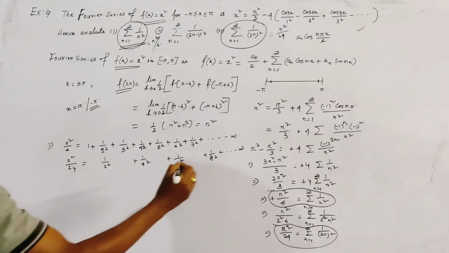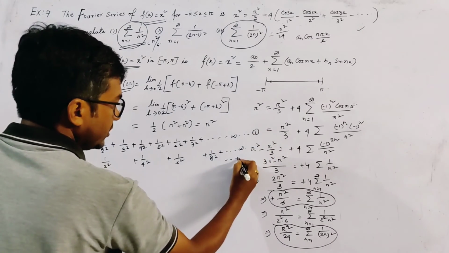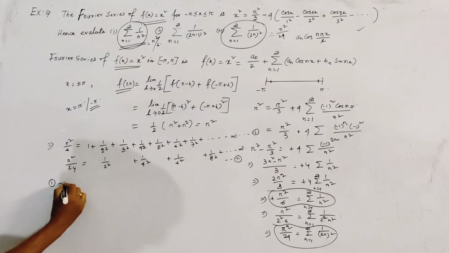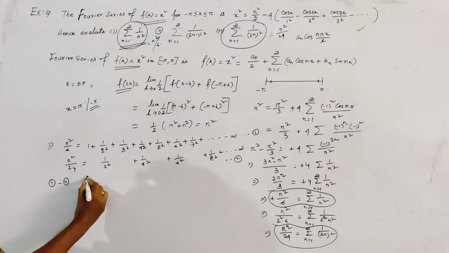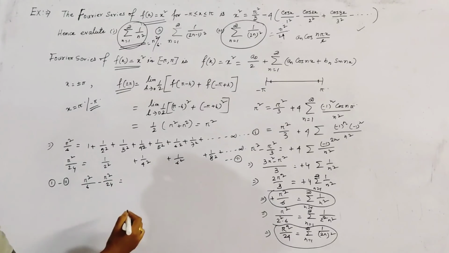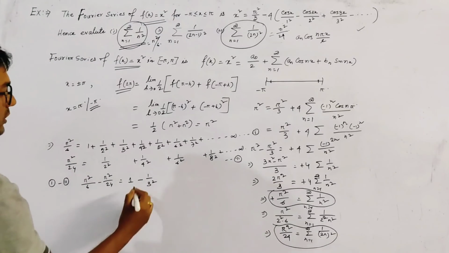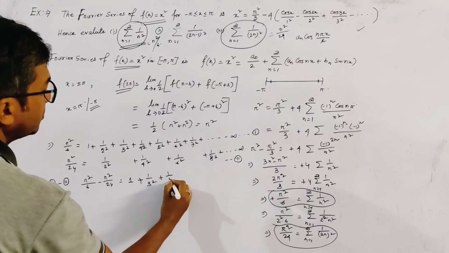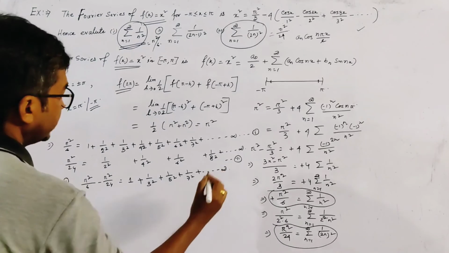Let these be 1 and 2. Now if we subtract 2 from 1, we get the result pi square by 6 minus pi square by 24 equal to 1 plus 1 by 3 square plus 1 by 5 square plus 1 by 7 square and so on to infinity.